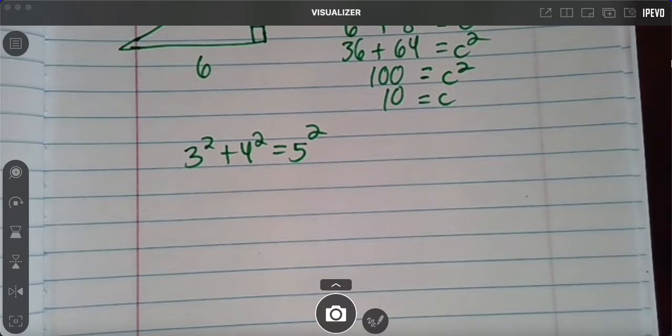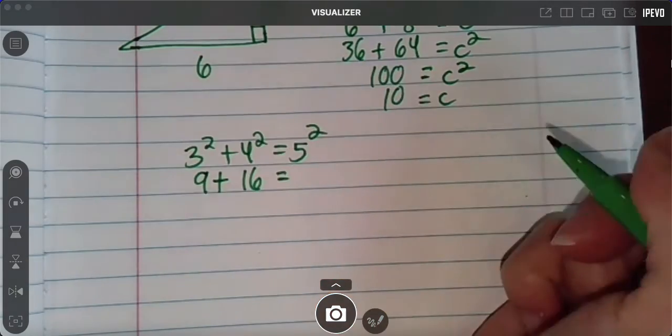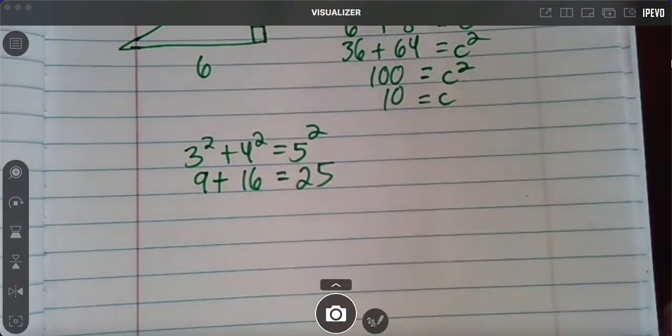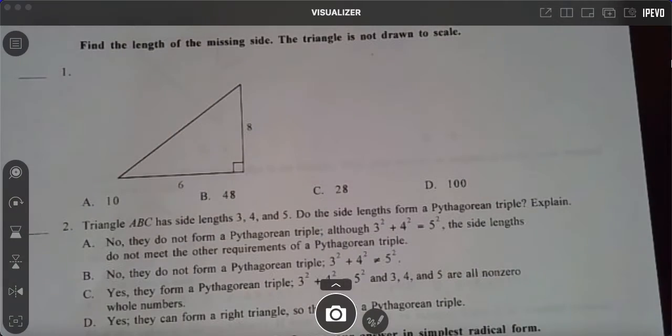If they equal, then what? It's a Pythagorean triple. So what's 3 squared? 9. What's 4 squared? And what's 5 squared? So does 9 plus 16 equal 25? Yes. Now let's look at answer choices.